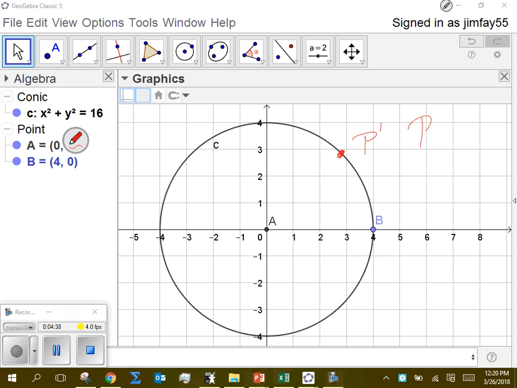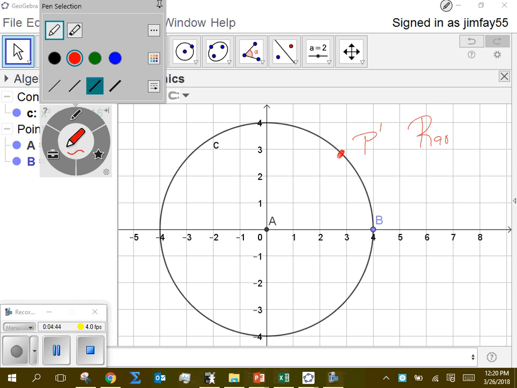If I say rotate 90 degrees, the assumption is we're going to go counterclockwise. So I'm going to move on this circumference 90 degrees, meaning, and we haven't talked about this with circles yet, that that angle right there is a 90-degree angle.